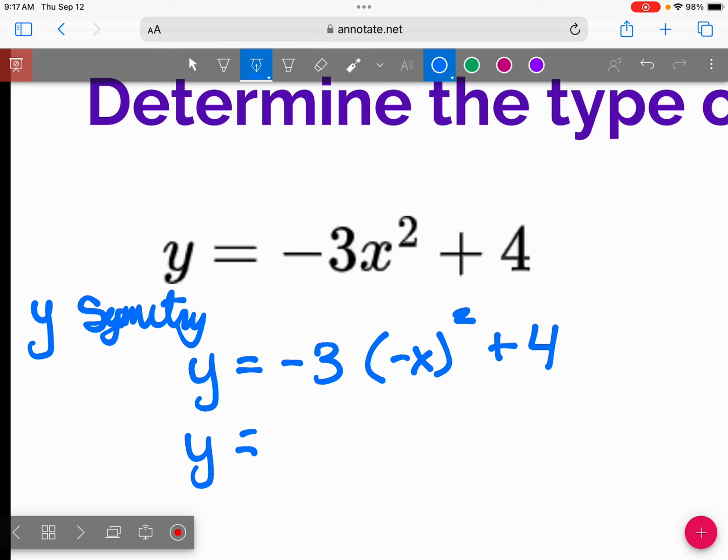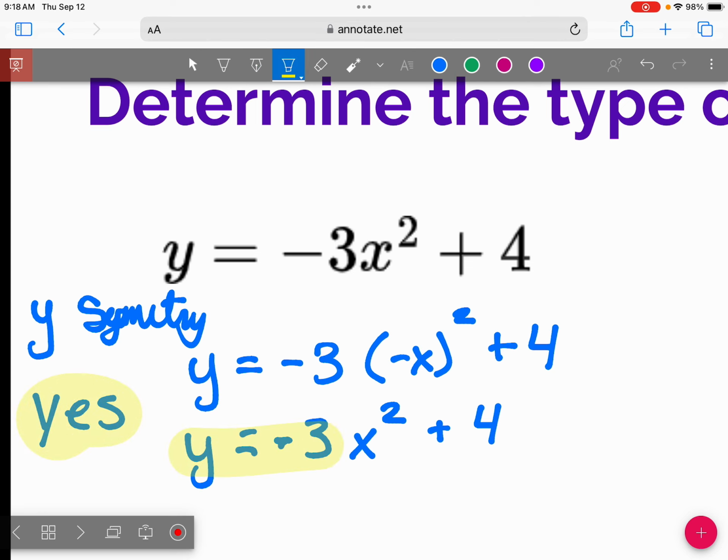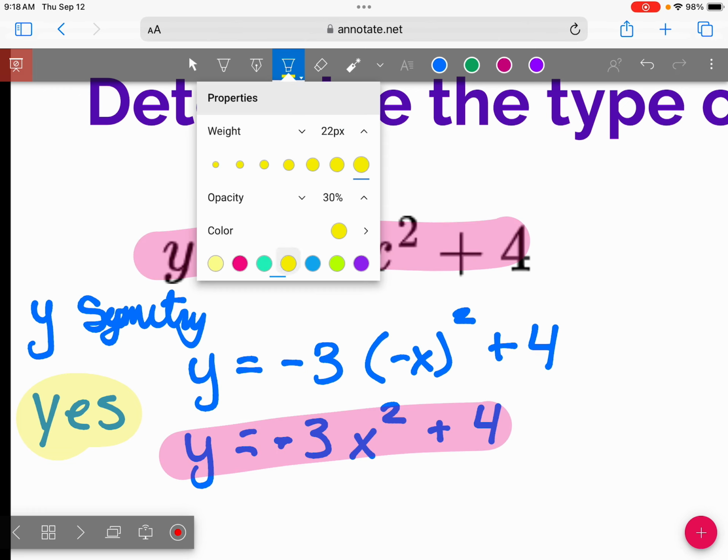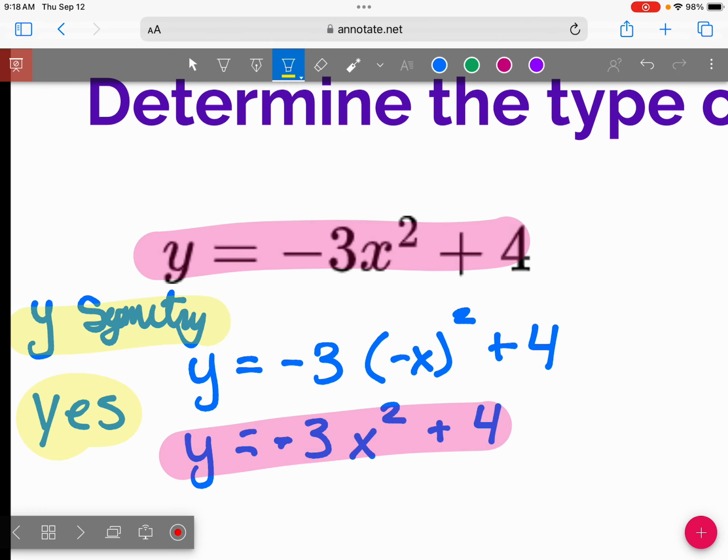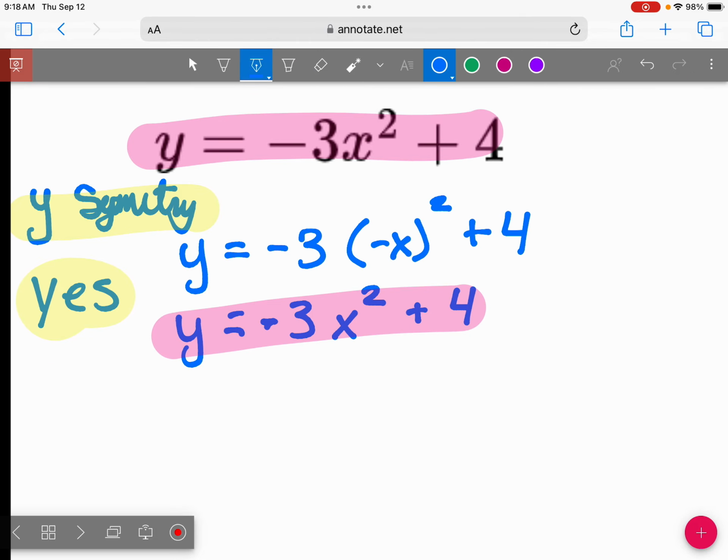So minus x when squared is exactly the same thing as x squared. So does this have y symmetry? Yes. Since this is exactly the same as this, we have y symmetry. I'm going to change the color real quick. Since this is the same as this, we have our y symmetry. There we go. We still need to do our other tests, though.